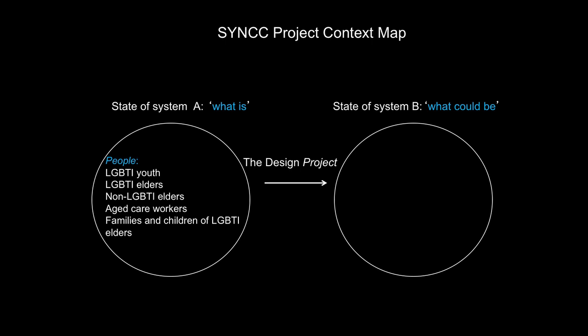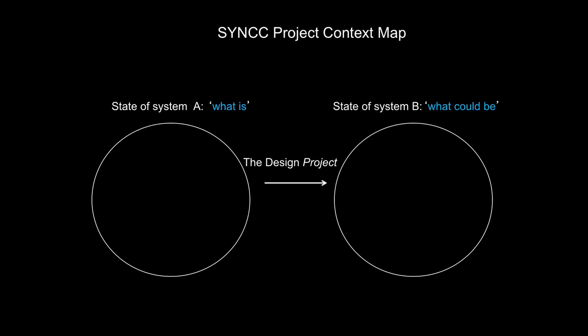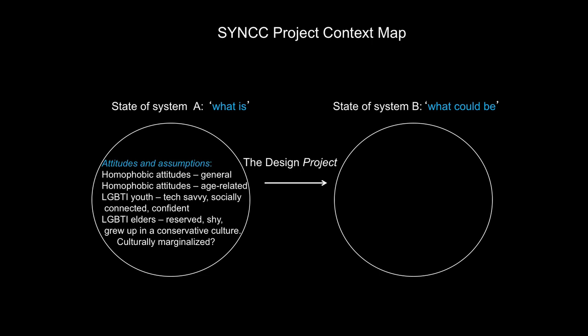And there may also be some opponents, people who would seek to hinder or hold the project back. It's really important to try to identify who these people will be, because that's where your intended audience is going to emerge. The next context that's important to map are attitudes and assumptions.